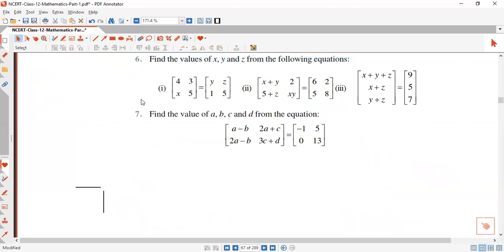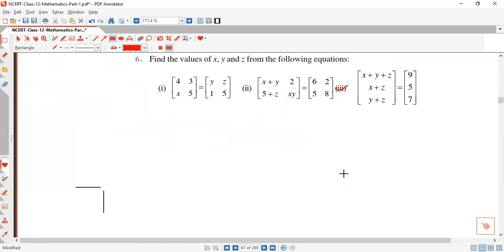Now we see the third part. I want to do the questions of the third part. And these numbers are there. What is the order of the matrix? 3 rows and only 1 column, so 3 by 1, and this matrix is also 3 by 1.